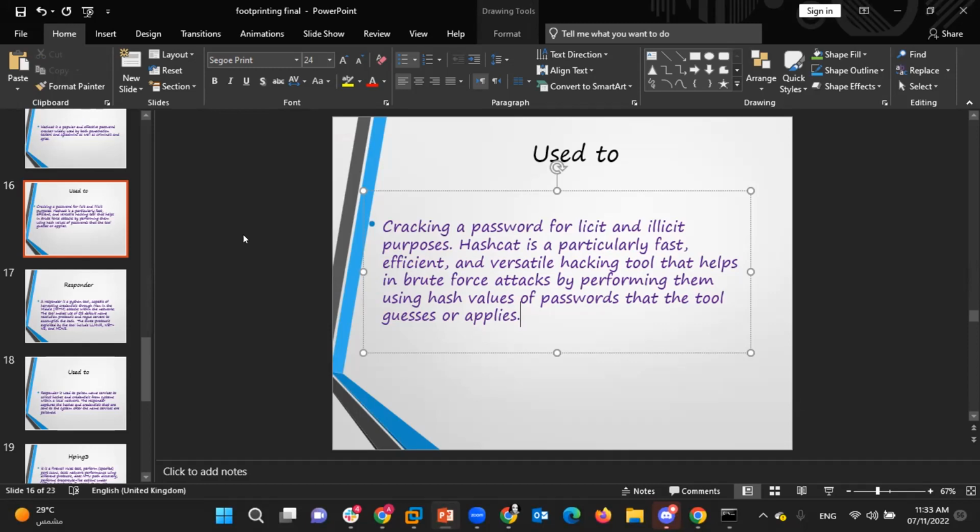Today we also talk about footprinting. It looks like a bit of basics, an introduction for the next couple of weeks. Is it clear? What about Hashcat, how it can be used and how it can be effective?